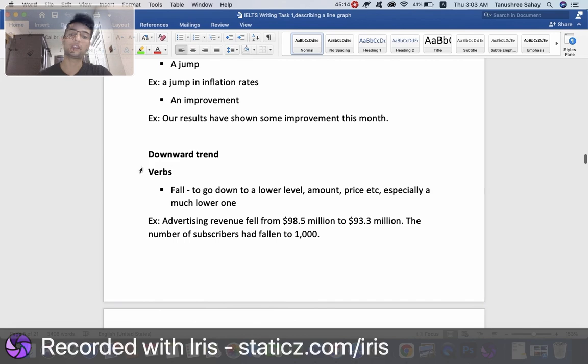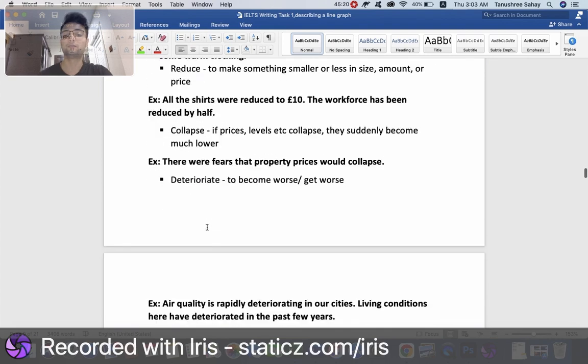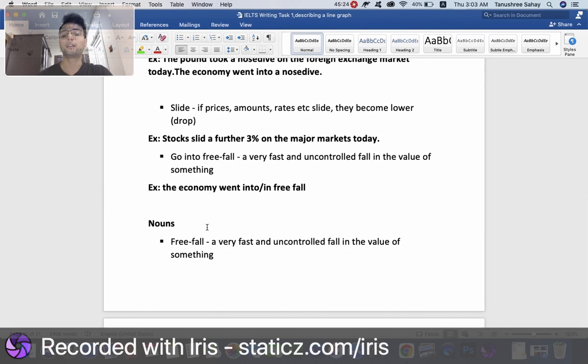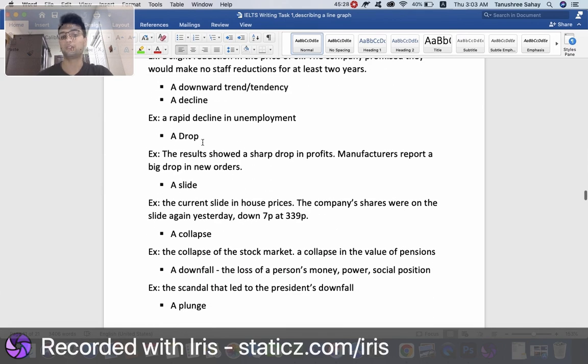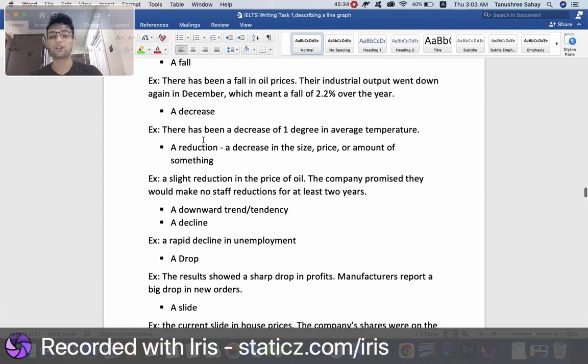Here you go. You can see there's a title of downward trend, and the verbs, and also the nouns, following adjectives and adverbials. Nouns are a lot more important. As you can see, in our essay I said a reduction or decrease.